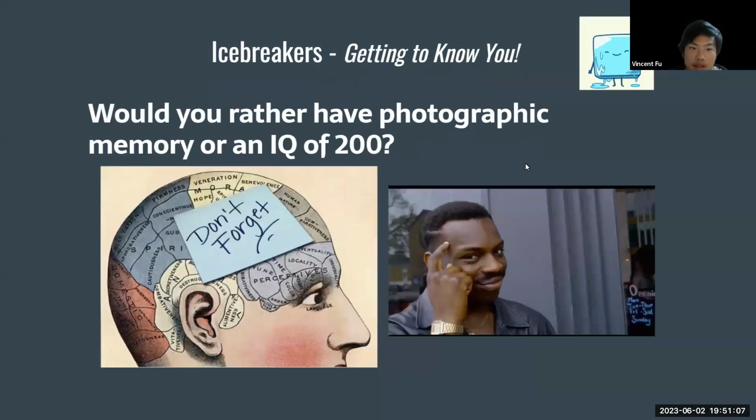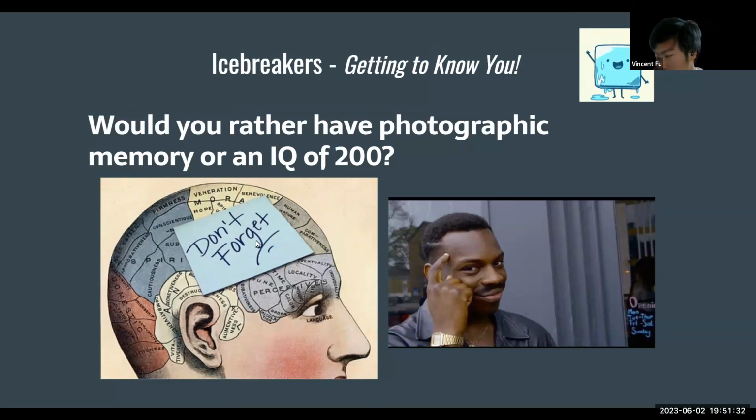Next icebreaker. Would you rather have photographic memory or an IQ of 200? So basically, would you rather be able to remember everything you see and never forget, or would you rather have a high IQ, intelligence quotient? IQ.